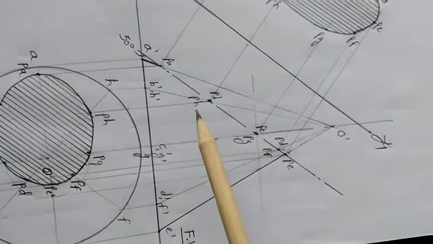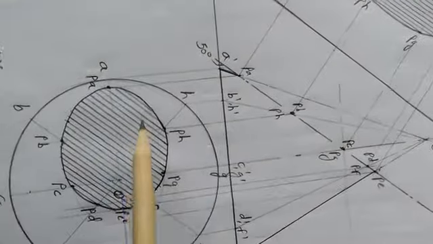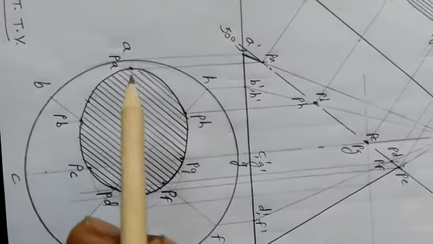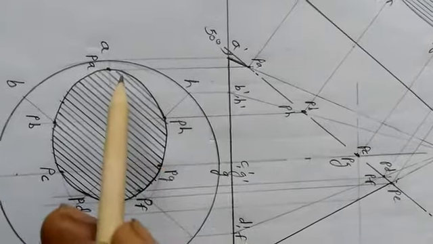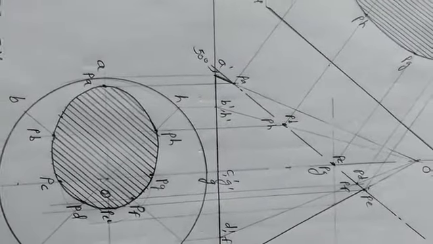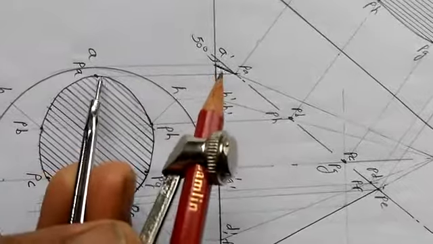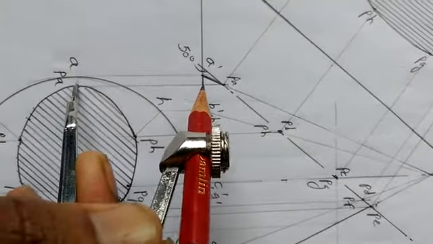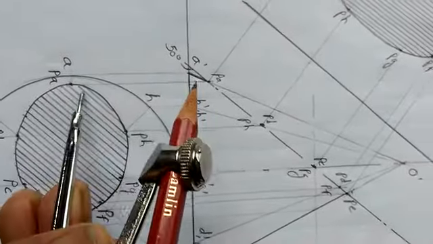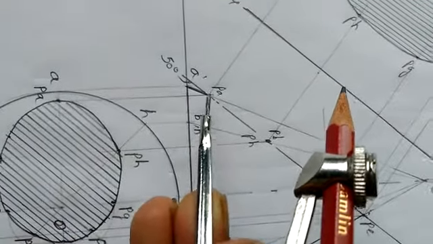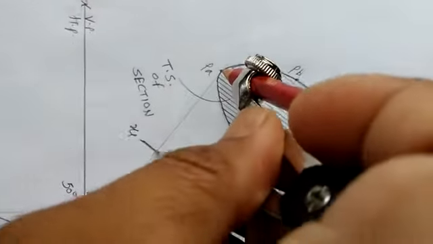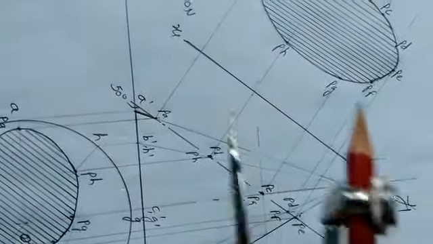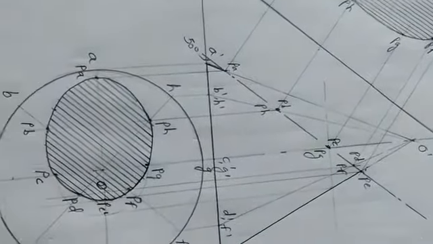After that, the same distance of points PA to PH you have to pick below the XY line, by compass only. Just see, this point PA below the XY line. Now follow the projector in this way, again follow in this way, come over here, beyond x1 y1, and mark the same distance. You will get PA here on the same projector. All these projectors should be normal to the surface, that you should take care of.